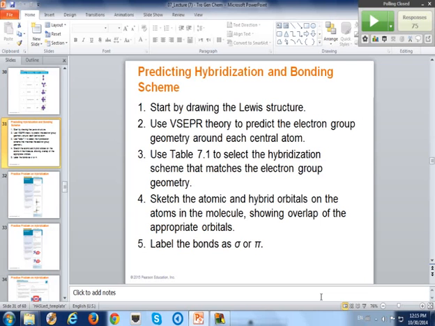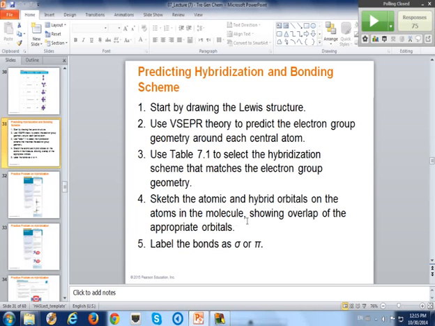And then in this chapter, based on the valence bond theory and hybridization, you can select a hybridization scheme that matches the valence shell electron pair repulsion theory, like we were considering in prior slides.